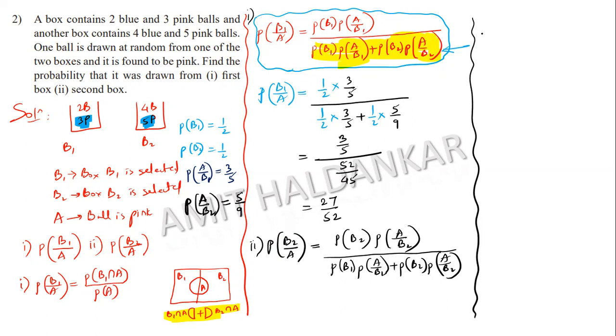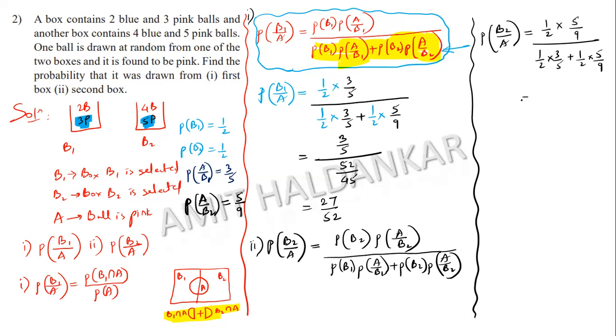So P of B2 upon A is equal to P of B2, the probability of getting box 2, which is half, into the probability of A by B2. Probability of A by B2 is 5 by 9, divided by 1 by 2 into 3 by 5 plus 1 by 2 into 5 by 9.